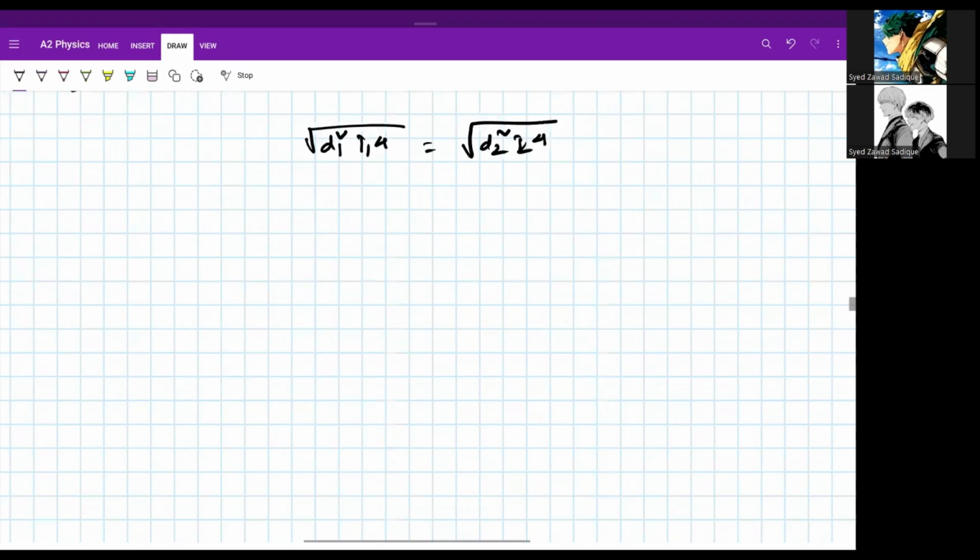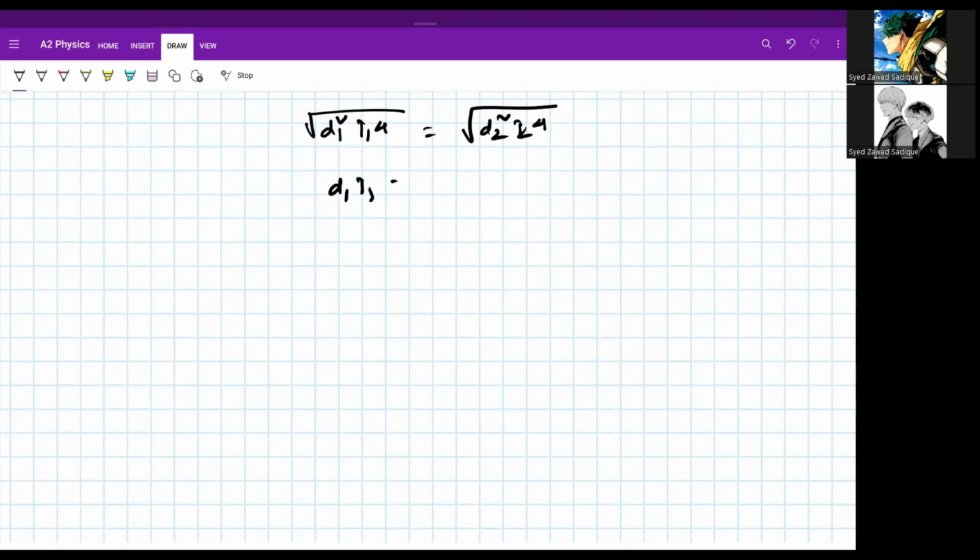Therefore, I can come up with the formula d1 T1 square is equal to d2 T2 square.